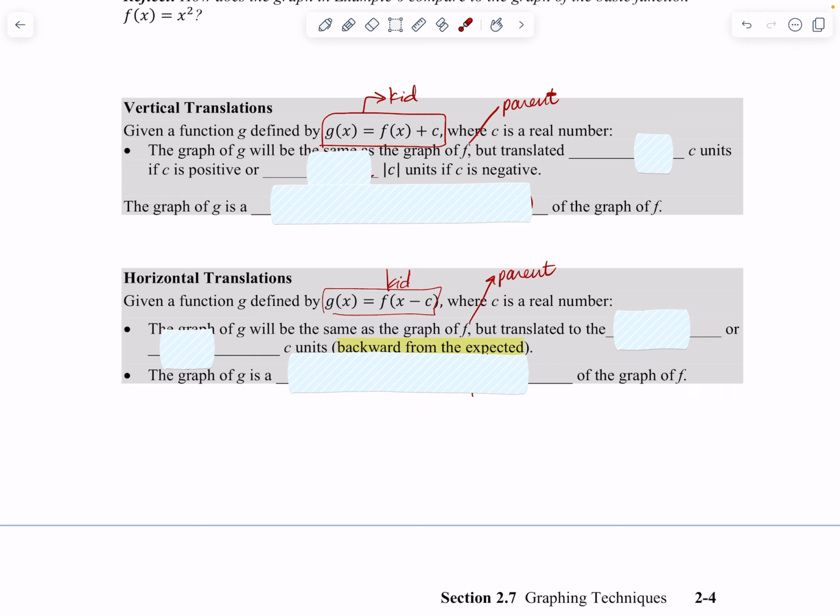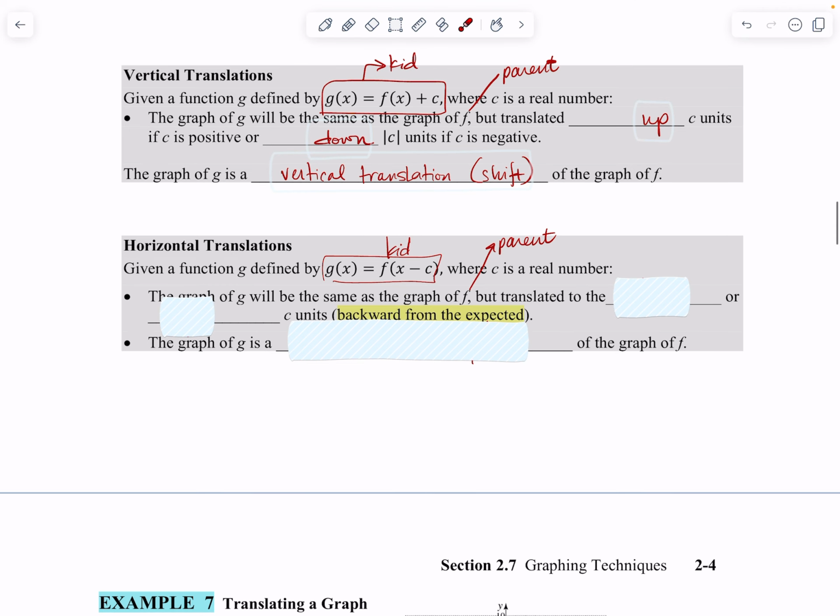And by the way, that c could be negative, so it could be adding or subtracting. So what will happen here is the graph of g is going to be exactly the same as f, but it's going to be translated up or down that value of c units. The graph, the kid graph, is then called a vertical translation. Vertical meaning up and down of the graph.